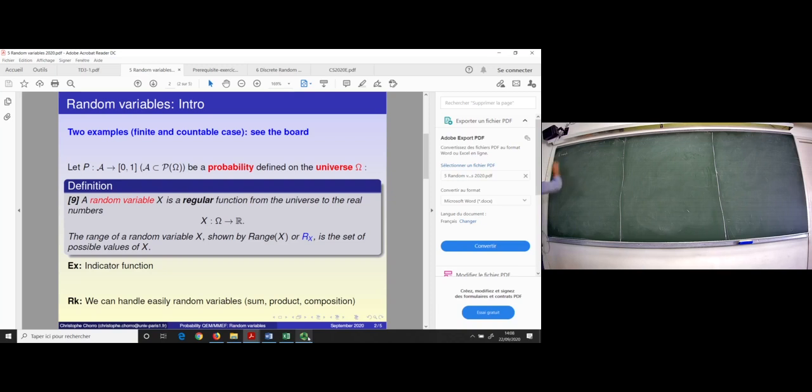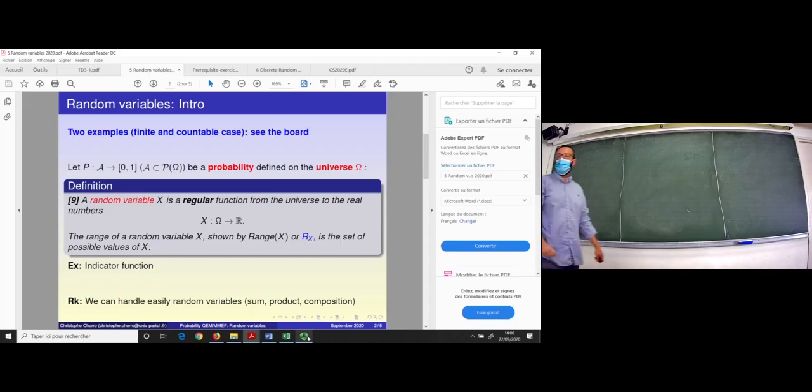So in an exercise we have done together from the summer list, I have defined the indicator function. If I have a set A that is included in my universe, we have defined together what the indicator function of A was.